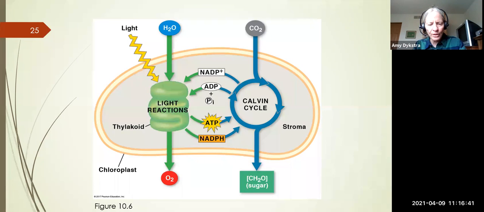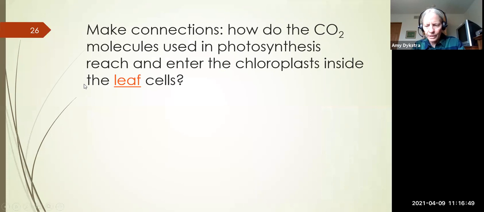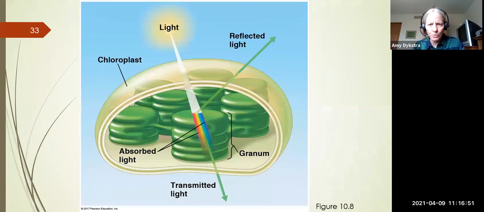But you will remember that in the thylakoids, let's go to slide 33, is where the light is absorbed. So the light reactions involve the absorbance of light, mostly in the red and blue wavelengths, as you will remember.